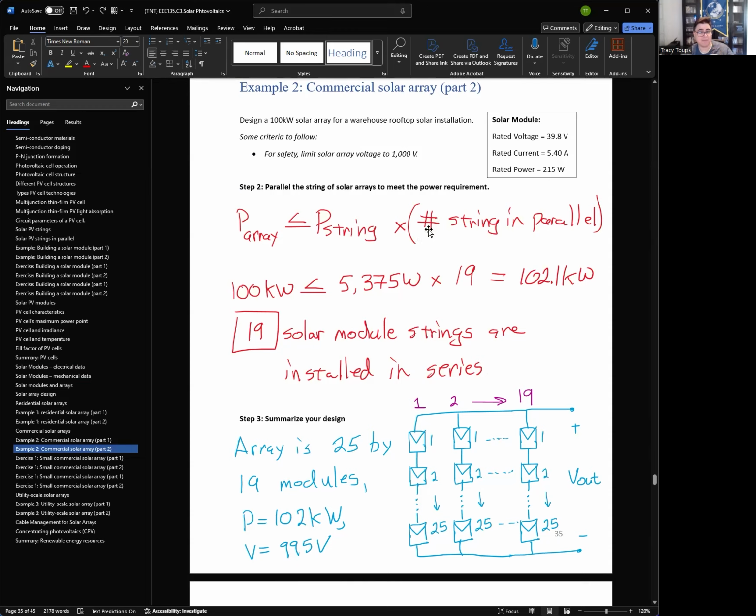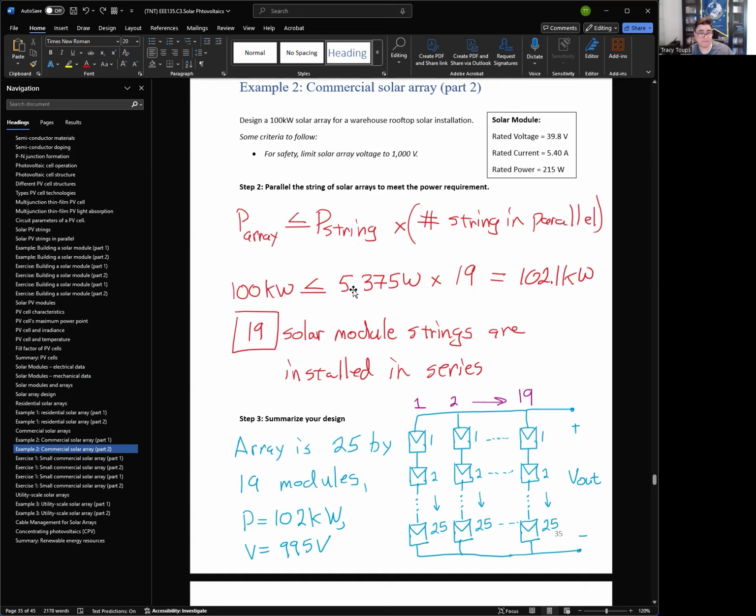Now the question is, how many of those do we need to put in parallel? Remember, we take that long string and copy and paste it over and over again until we eventually reach that 100 kW level. So we have 5,375 watts times X equals to or greater than 100 kW. Do your calculator, X is 19.